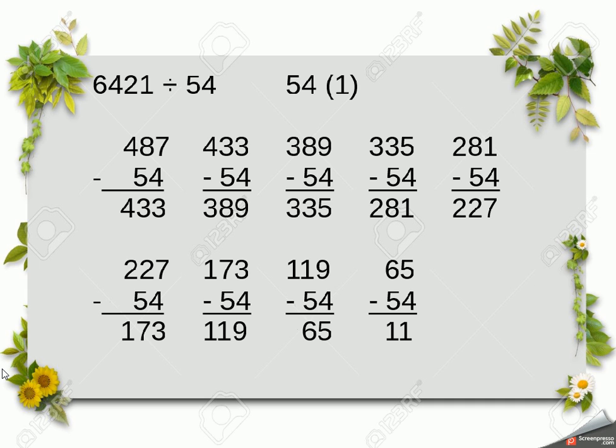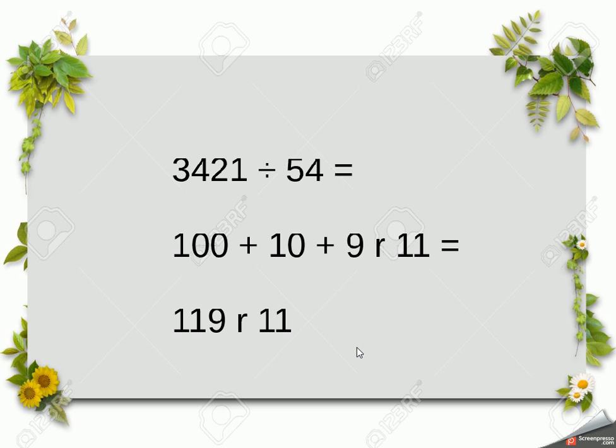So you can see from this series of subtractions, gradually each time we're taking 54 out until eventually I get down to the last subtraction, which gives me a remainder of 11. So I've taken 54 out 8 times with a remainder of 11. Or even 9 times even. Sorry. With a remainder of 11.